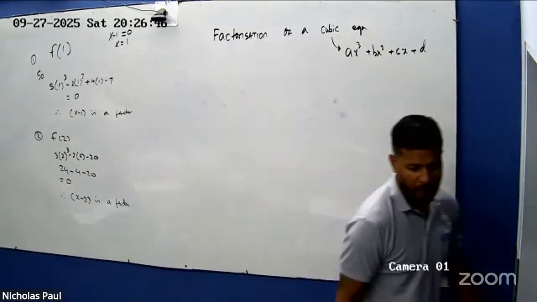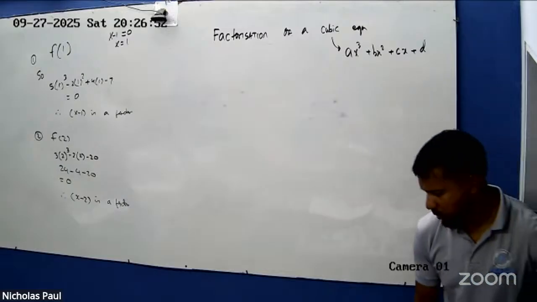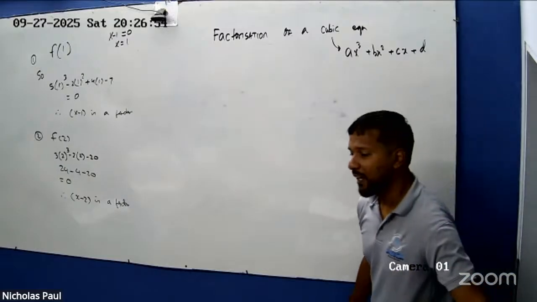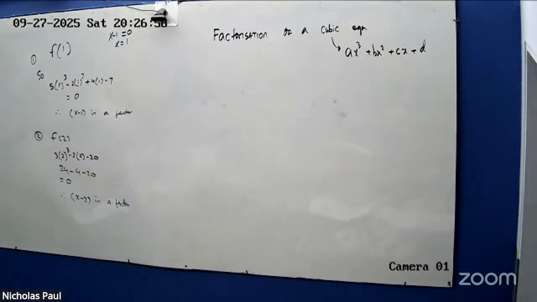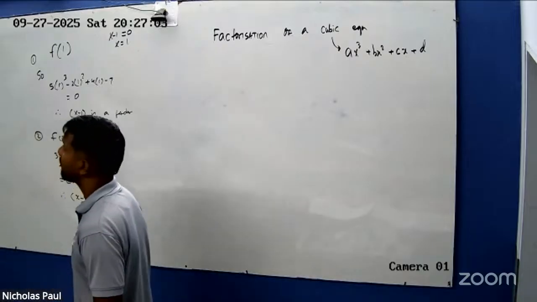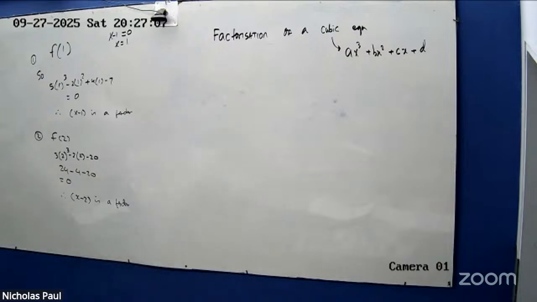Step number 1: find the first factor by trial and error.